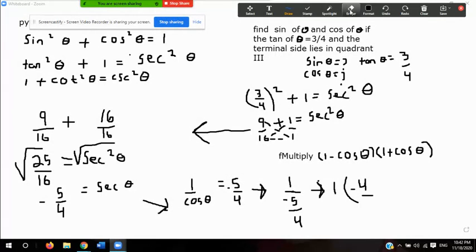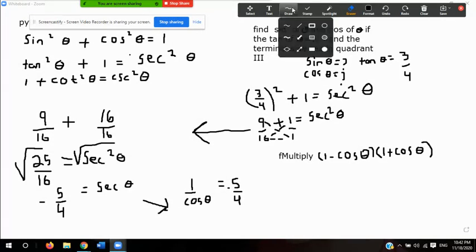You know what? No, I think I found a better way of solving this, a less confusing way for you guys. If I want to find the cosine of theta, instead of doing that I can just solve it like an equation. If I want to solve for the cosine of theta, all I do is multiply by the cosine of theta on both sides.